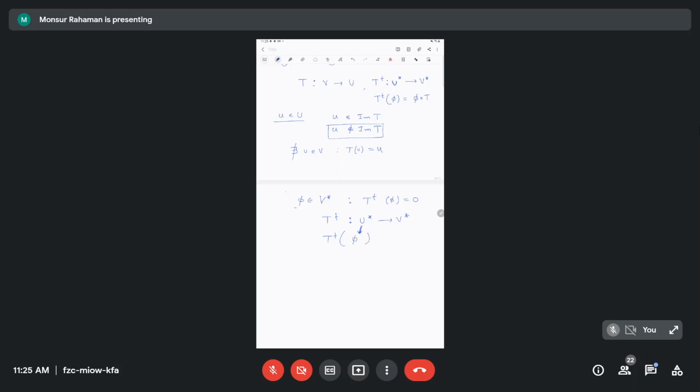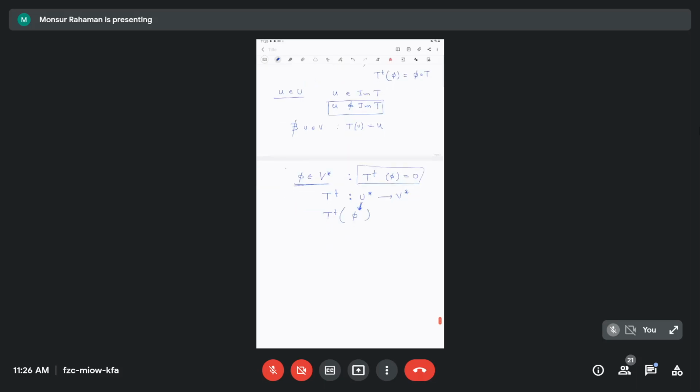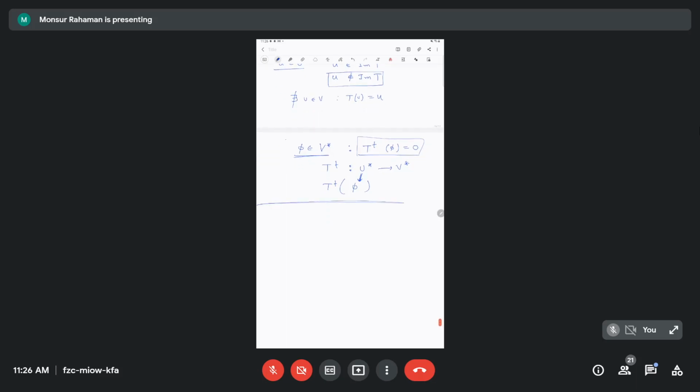So they are saying that we are taking phi belonging to V star such that T transpose phi equals 0. There must be a problem. Maybe it should be U star, it was written wrongly. Okay, leave this.